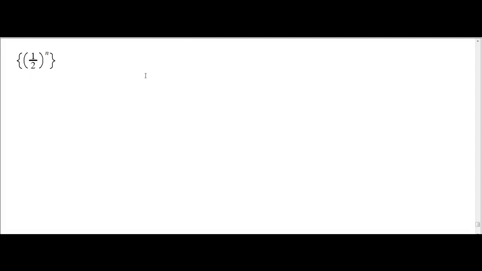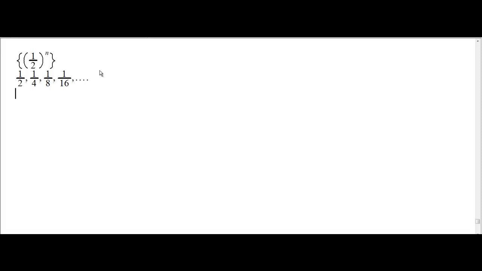And if my n is ranging over positive integers, what will I have? 1 over 2, then 1 over 4, then 1 over 8, 1 over 16, etc., etc. Am I clear on this? I just wrote a few terms, right?